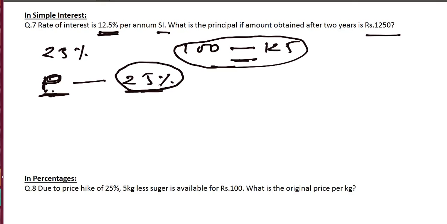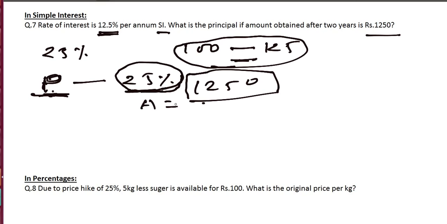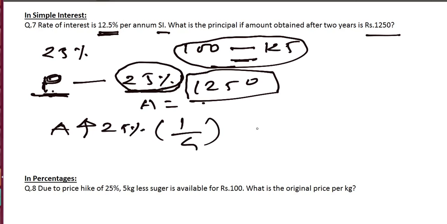So now here we are given the amount after 2 years as 1250. 1250 is the amount after 2 years, and this is 25% more than the principal. This amount is 25% more, so the principal must be 20% less than this amount. So the amount is increasing by 25% or 1/4, so the principal is less than the amount by 20%, that is 1/5.